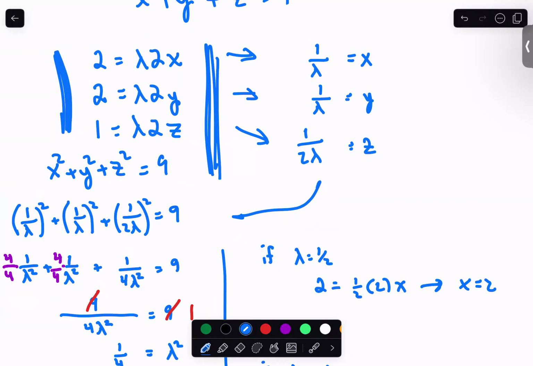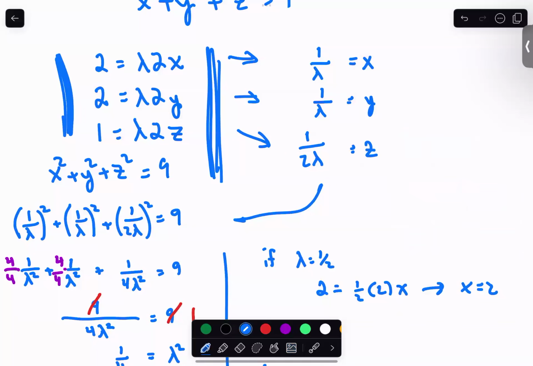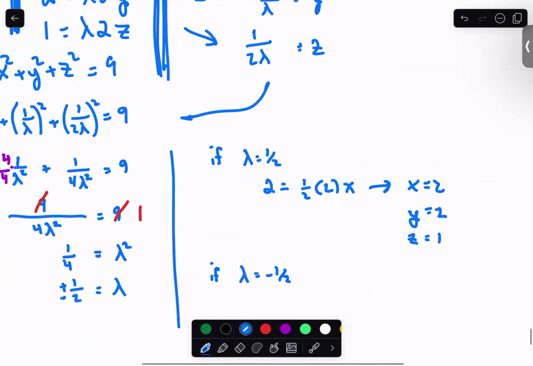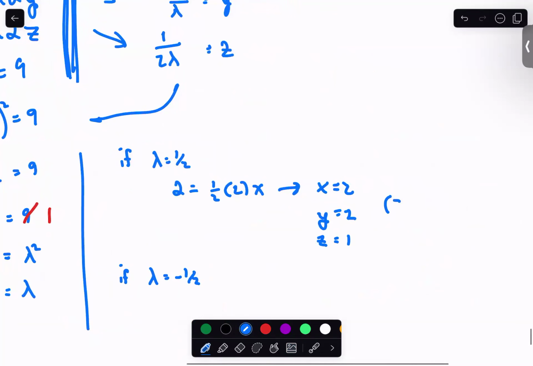And likewise, if I plug in lambda equals 1/2, I'm going to get that y is equal to 2. And then finally, z is equal to 1. So when lambda is equal to 1/2, it looks like I have a point that satisfies the system of equations, and that's (2, 2, 1). So that's the first case.